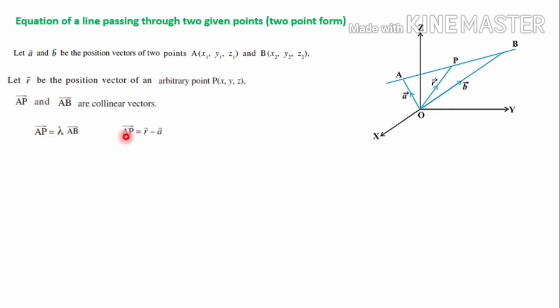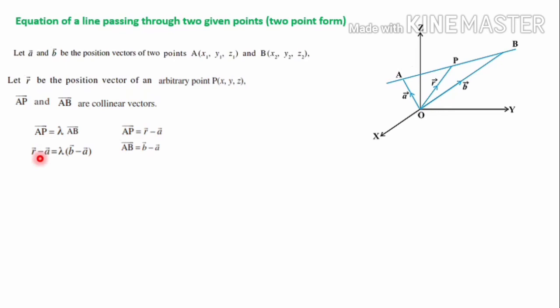Here vector AP is the position vector of P minus the position vector of A. Position vector of P is R, position vector of A is A, so AP is R minus A. Vector AB is the position vector of B minus the position vector of A, that is vector B minus vector A.